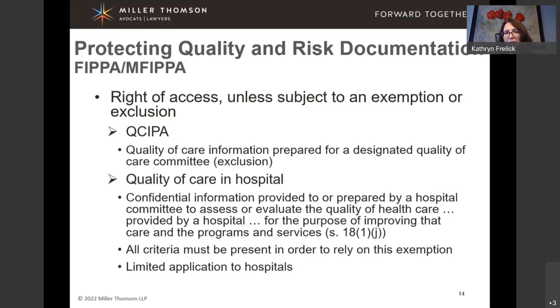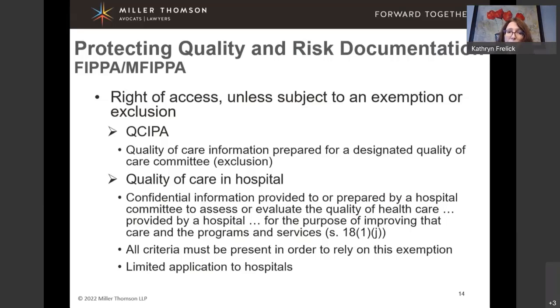And it's very specific, and interestingly, I find that organizations are not always certain whether or not a quality of care review has been done under QCIPA or not. There shouldn't be any question at all. If you're doing a review under QCIPA, it needs to be very clear in your documentation that that's the purpose.